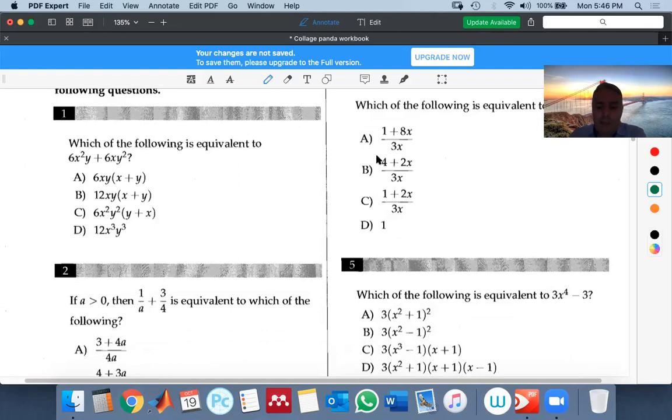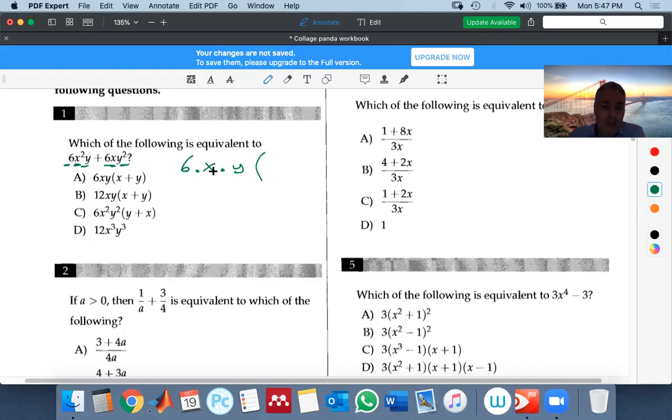So, Usama says A. Let's check. How can we solve this? So simple. 6 is common, 6 is common. So let us write 6 times x squared, x, which one is common? Only x. Times y squared. So which one is common? y. So what do we have? 6, we use x squared.